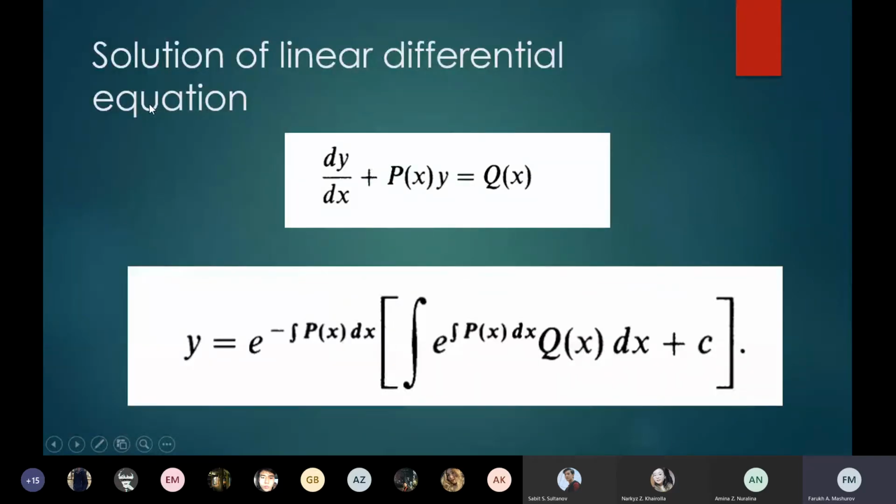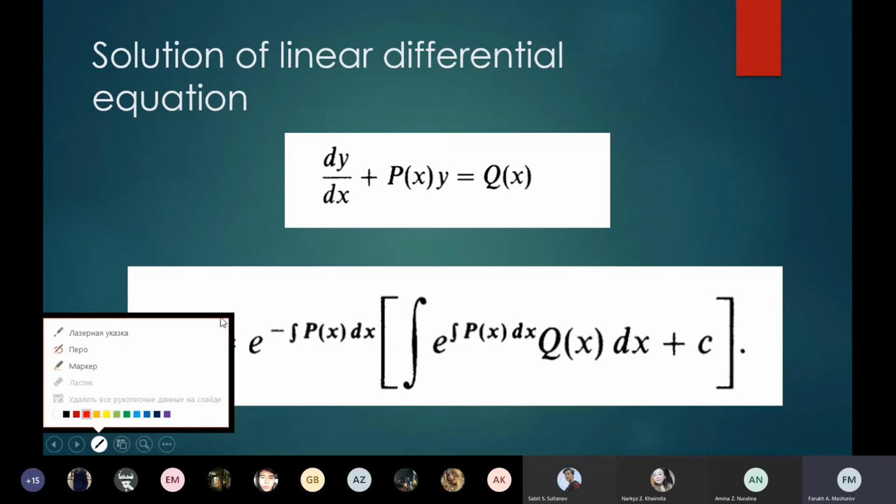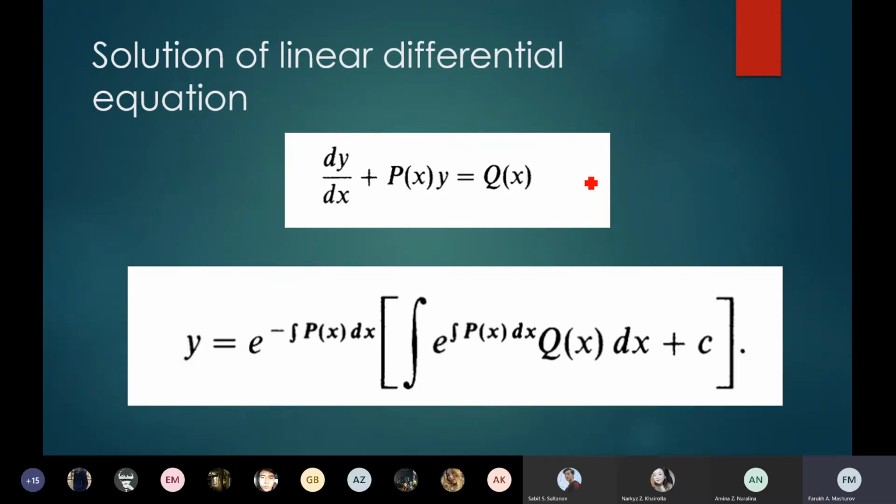Let's firstly talk about the linear differential equation, guys. As you know, if you have a differential equation in this form, we call this the standard form, and this is a linear differential equation. Am I right?